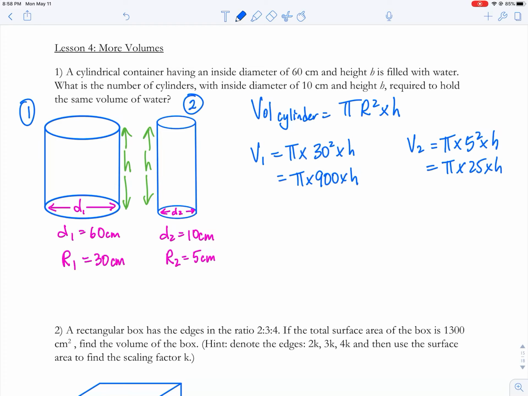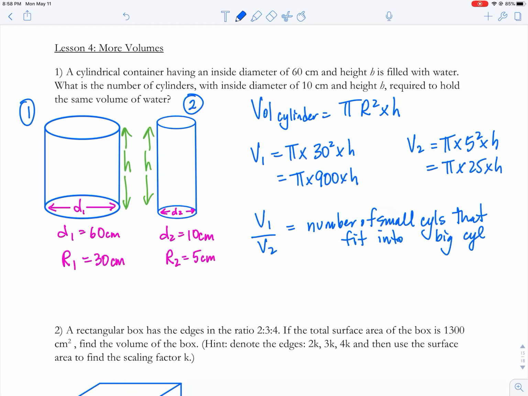And they want to figure out how many volume 2s fit into volume 1 or divide into volume 1. So V1 divided by V2 is going to give us the number of small cylinders that fit into the big cylinder.